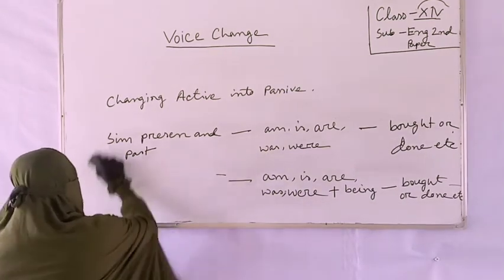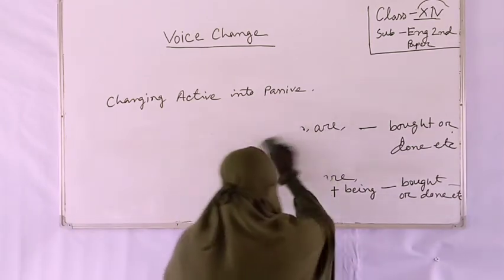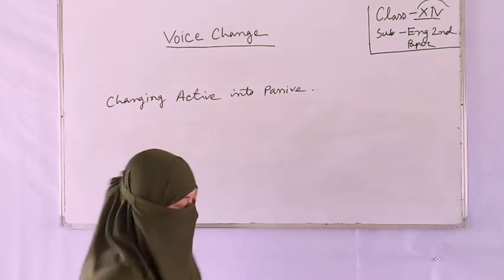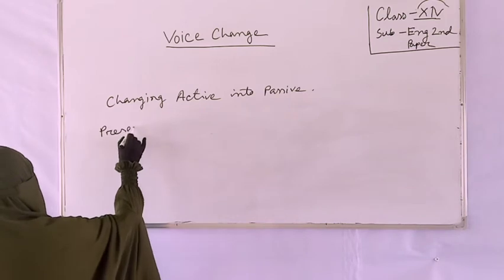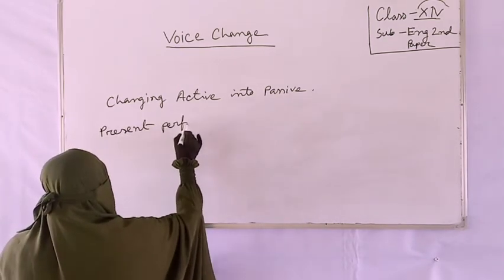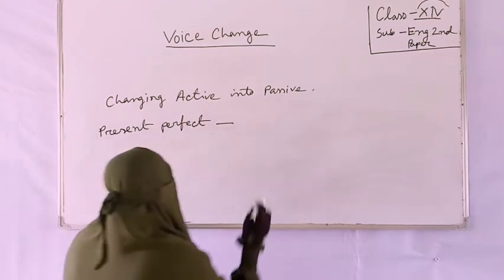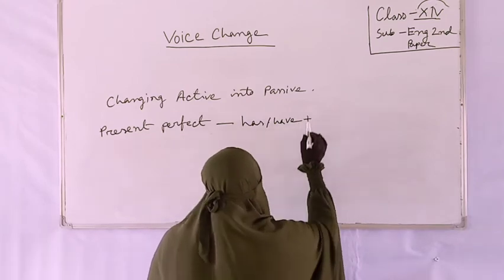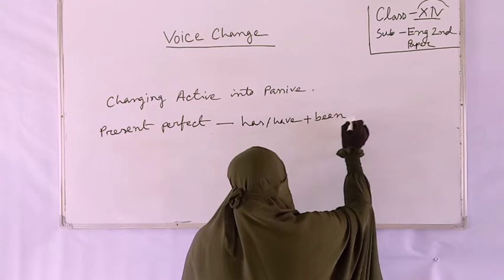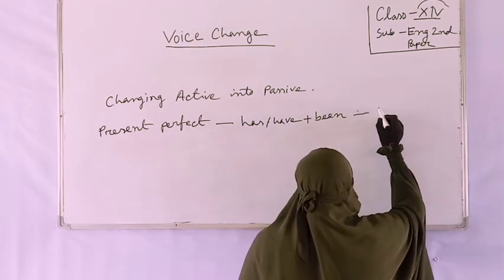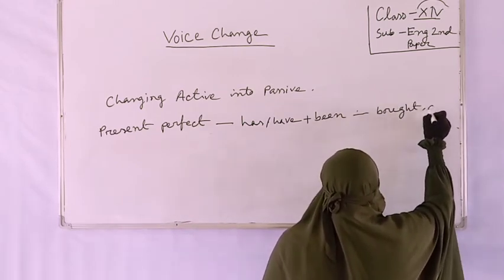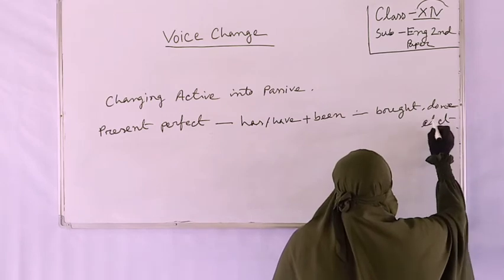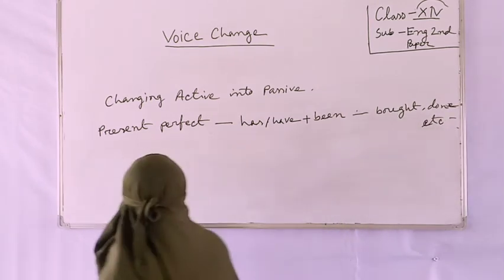Then present perfect tense. In this case, has or have, and we have to add an extra been, and the main verb will be in past participle form, done, etc. Then past perfect.